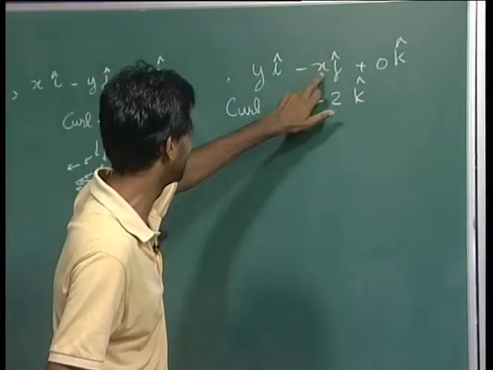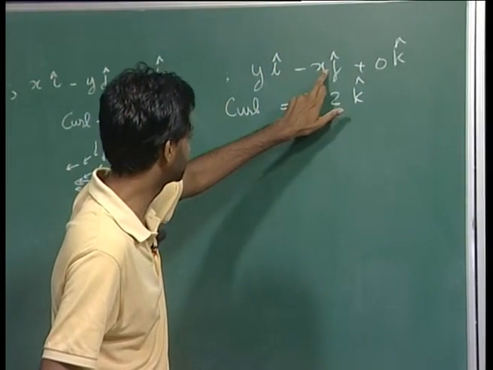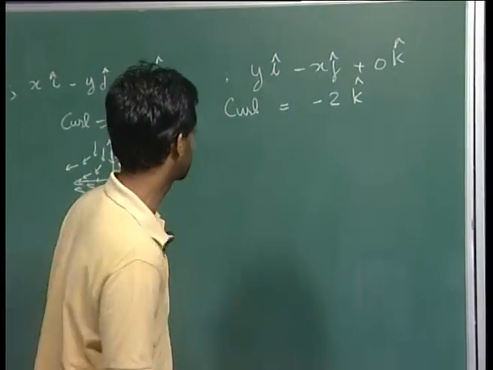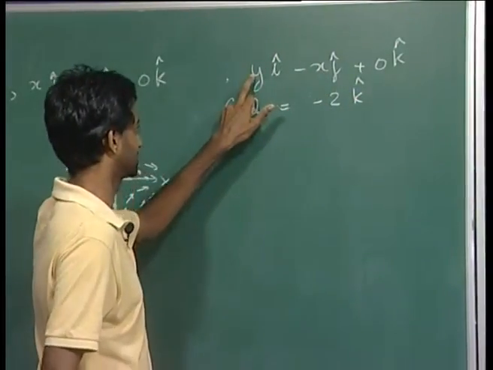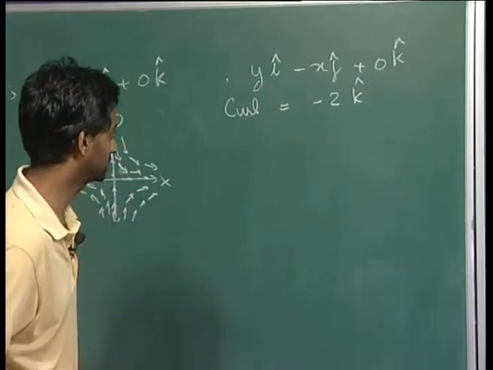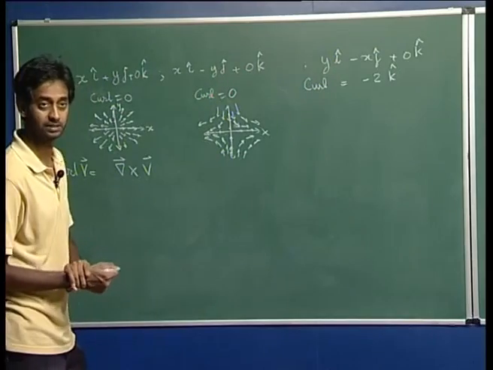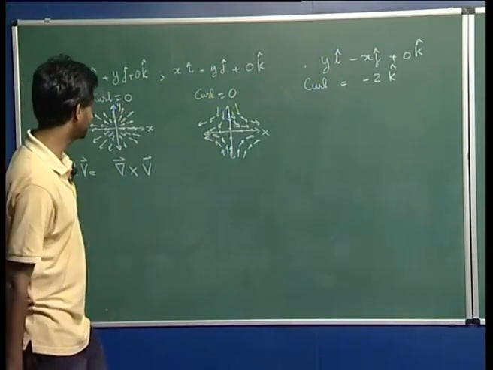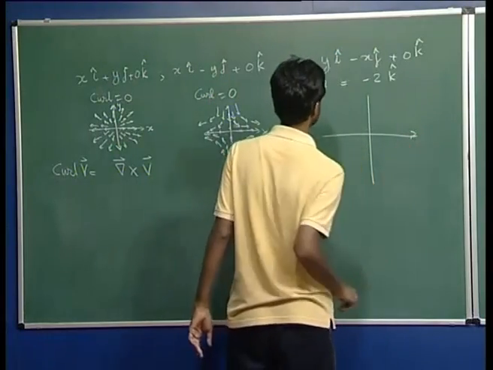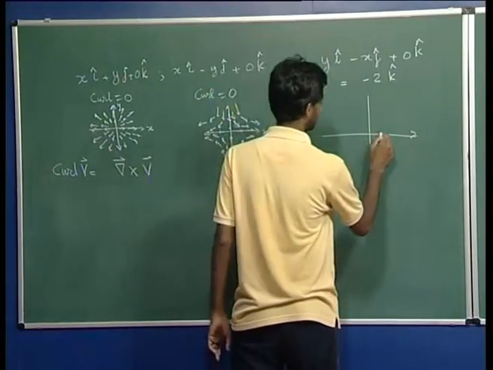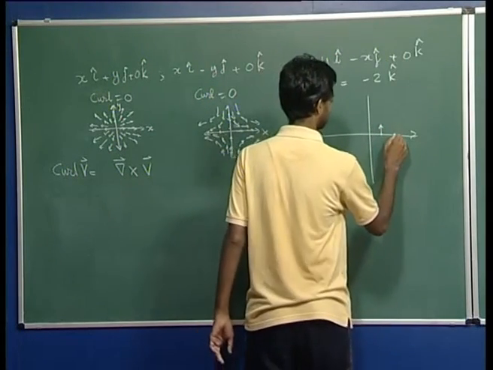So, the curl is related to the derivative with respect to x of this quantity minus the derivative with respect to y of this quantity. So, the curl will turn out to be minus 2k. Now, if you look at this field, yi minus xj, if you are at this point, then it points in this direction.